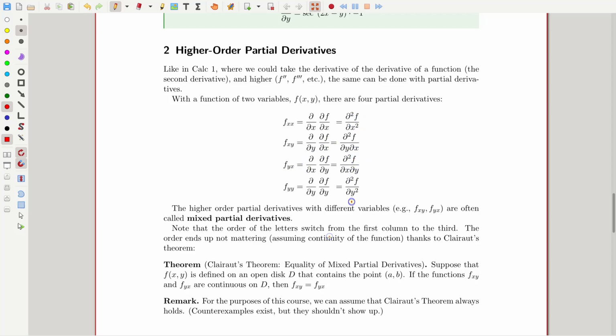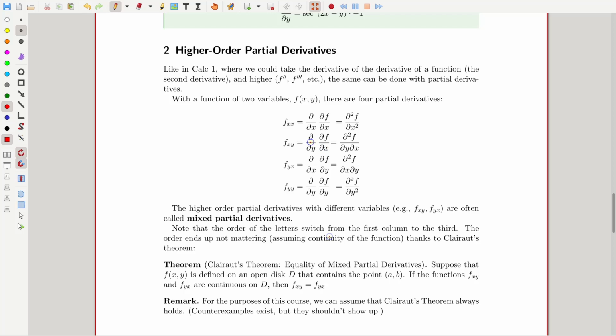But this other notation ends up being reversed, and the reason is actually this middle column. Notice that the x derivative followed by the y derivative would be written like this: you take d/dx of f followed by d/dy of that function. The notation is kind of abusive.